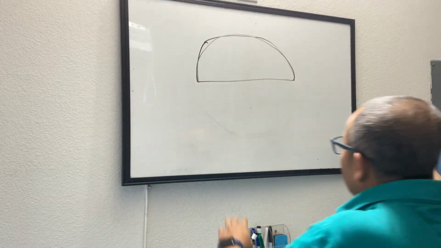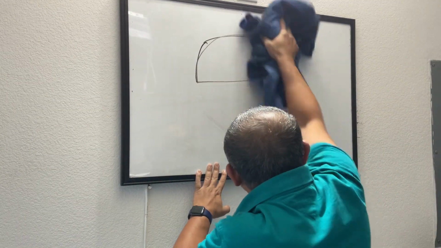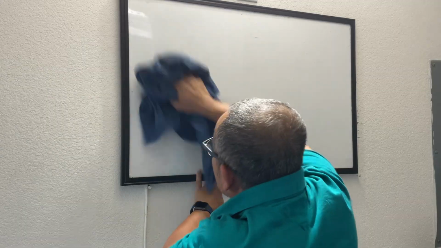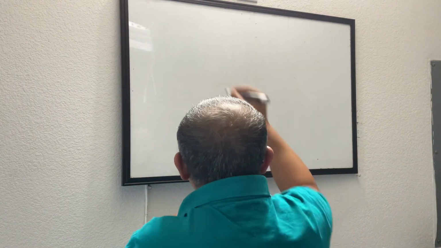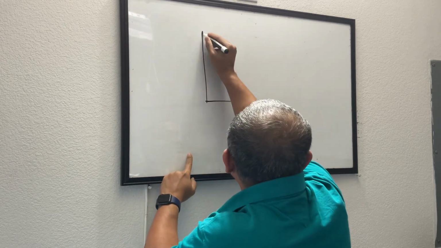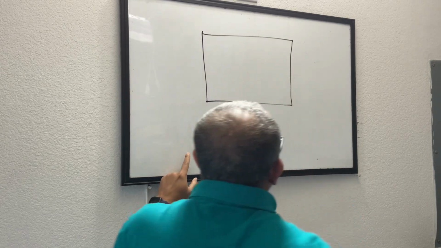So, basically when we talk about a quadrilateral, as you guys rightly said, it's a shape with 4 sides, a 4-sided shape. And we are not talking about any shape that is open. Any shape that has 4 sides is called a quadrilateral.